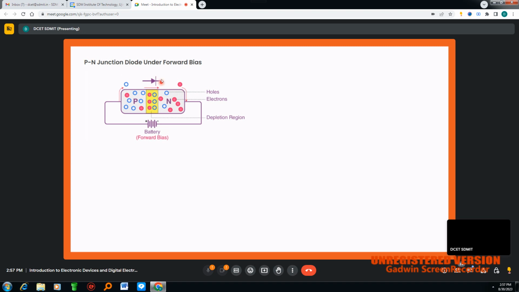Here you observe the symbol. This is a symbolic representation of diode. ಈ ಟರ್ಮಿನಲ್ ನ ಆನೋಡ್ ಅಥವಾ ಪಾಸಿಟಿವ್ ಅಂತೀವಿ, ಈ ಟರ್ಮಿನಲ್ ನ ಕ್ಯಾಥೋಡ್ ಅಥವಾ ನೆಗೆಟಿವ್ ಟರ್ಮಿನಲ್ ಅಂತೀವಿ. ಪಾಸಿಟಿವ್ ಟರ್ಮಿನಲ್ ಆಫ್ ಬ್ಯಾಟರಿ ಕನೆಕ್ಟ್ ಆಗಿ ನೆಗೆಟಿವ್ ಟರ್ಮಿನಲ್ ಆಫ್ ಬ್ಯಾಟರಿ ಕನೆಕ್ಟ್ ಆದ್ರೆ ಆ ಸಿನಾರಿಯೋ ವಿ ಕಾಲ್ ಇಟ್ ಆಸ್ ಎ ಫಾರ್ವರ್ಡ್ ಬಯಾಸ್.